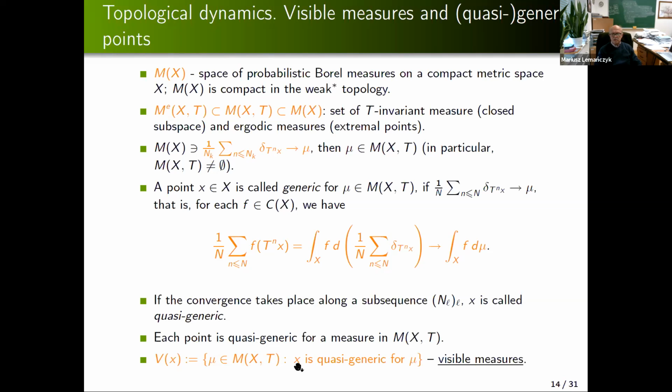So given a point x, we can wonder how many limits we have. Here I saw just one limit, but in general, we have many limits. If we capture all these measures for which x is quasi-generic, this set of measures is called visible measures, or I should maybe say that these are visible measures from x.